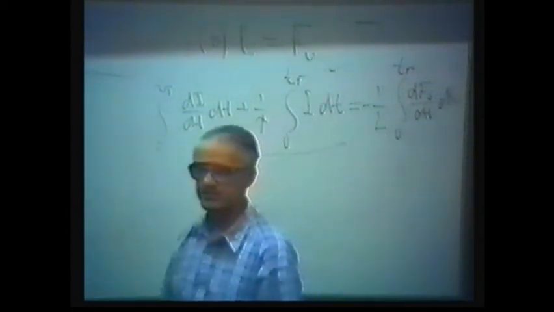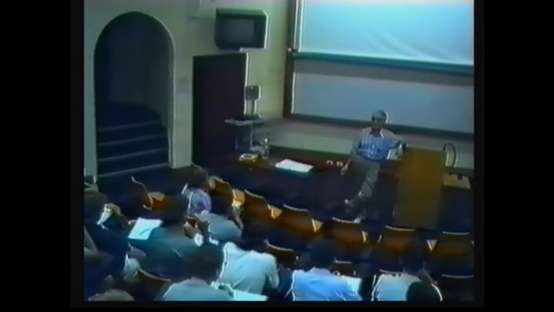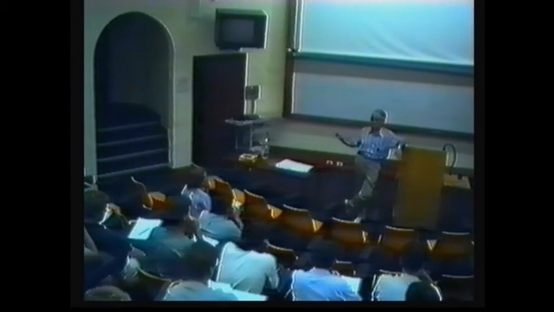Please. With a switch off in a very, very small time, doesn't the dB/dt go to infinity? If you do ideal, that's what you don't have the right to do. Faraday's law does not work in the form which we wrote for an ideal step function.